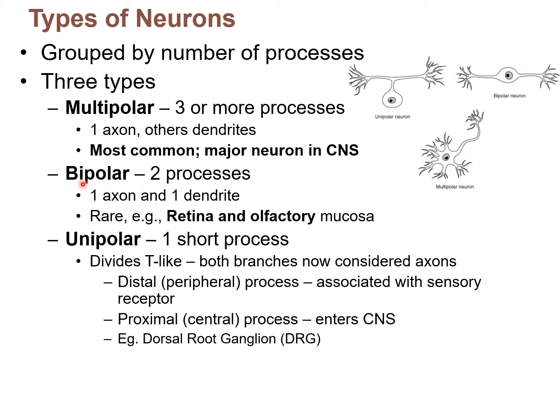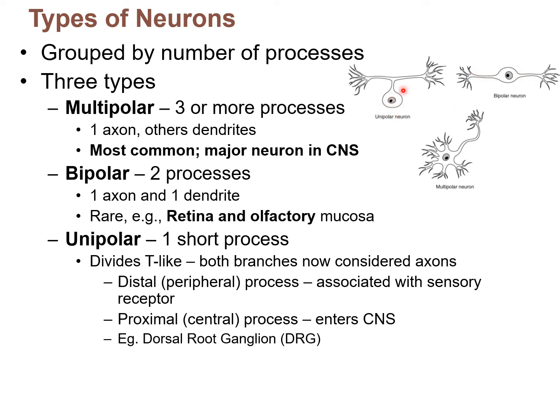Well, that's called a bipolar neuron. And that's not very common, and you can see it's rare. Only two very specific spots we see these bipolar neurons: the retina, which is in your eye, and the olfactory mucosa, which is your sense of smell. So those are your only two areas where you see these bipolar neurons.